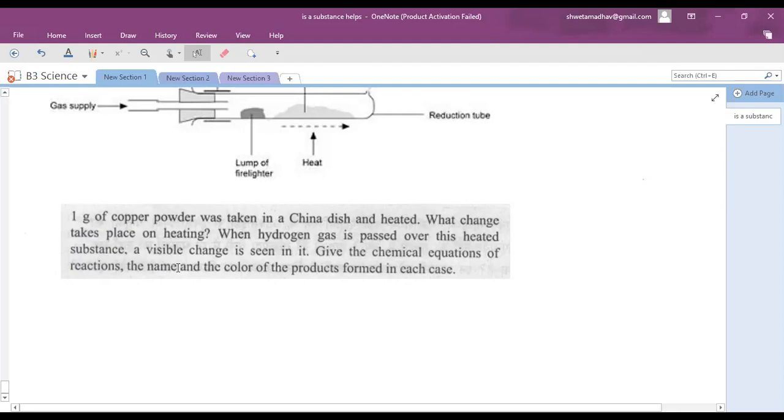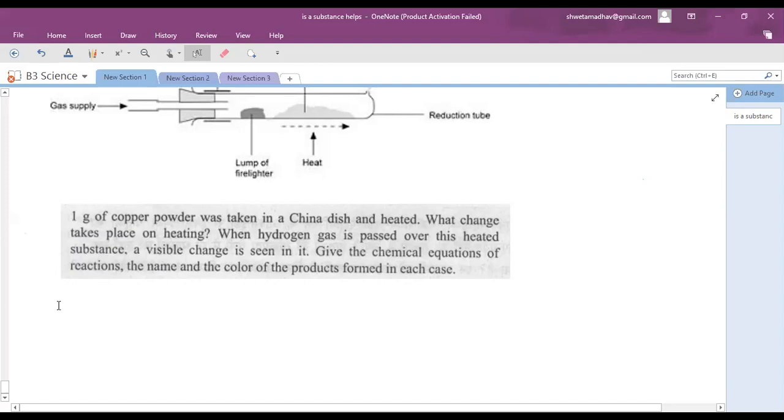So we should write it completely. Yes, full name of the substance, you have to write copper oxide. And the color of the product, in the first case, it is black color compound. And in the second equation, brown color copper. Clear? So only this one line, that many answers are there, and you have to write each and everything; each carries marks.